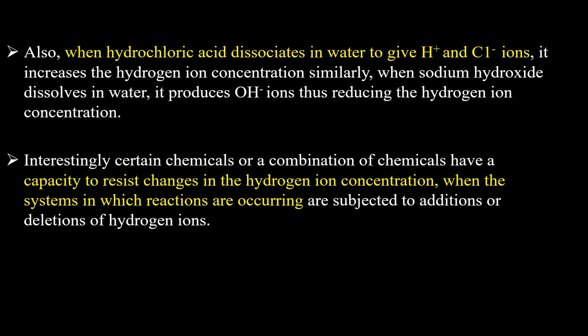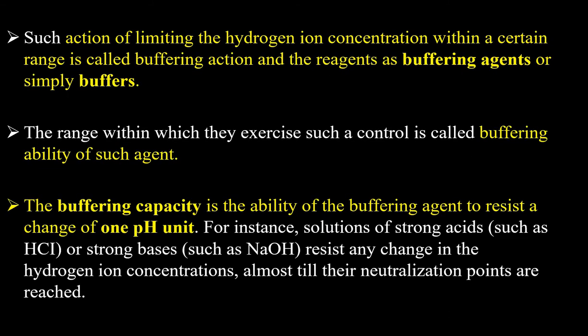Interestingly, certain chemicals or combinations of chemicals have a capacity to resist change in the hydrogen ion concentration. When systems in which reactions are occurring are subjected to addition or deletion of hydrogen ions, such action of limiting the hydrogen ion concentration within a certain range is called buffering action, and the reagents here are known as buffering agents or simply buffers.